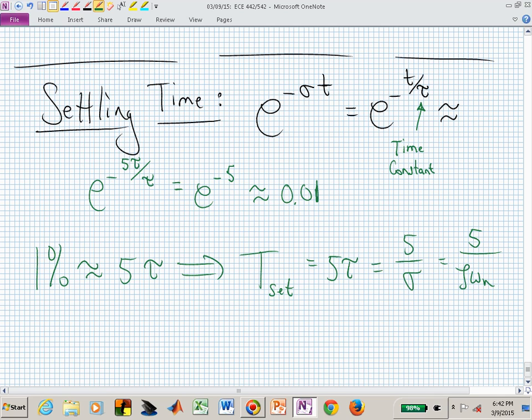Which means that if you want to reduce your settling time, where do you want to put your poles in the S-plane? Closer to the imaginary axis or further away? Based on sigma and zeta omega sub n.